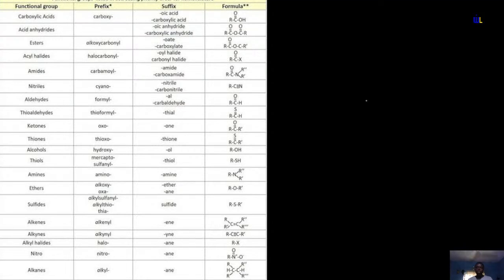Having said that, if you look at your screen, you would notice a list of homologous series and functional groups. Specifically, the order of this arrangement is from the highest to the lowest. What do I mean by that? When you come to homologous series, there is what we refer to as order of priority.